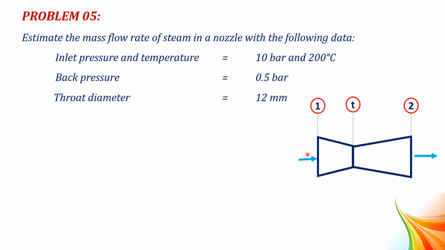In the portion 1, that is convergent portion, steam enters the nozzle with high pressure but with a negligible velocity. Thus there is a drop in the steam pressure with a rise in its velocity.